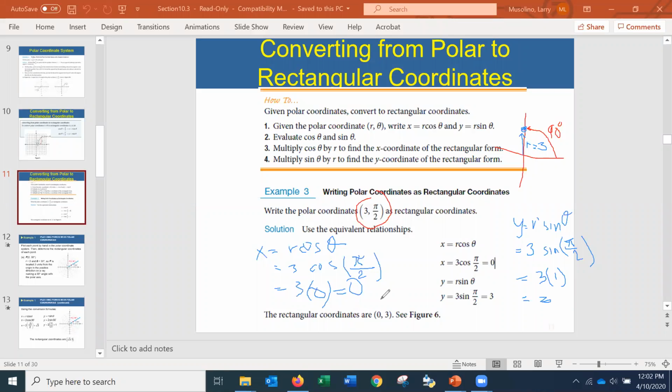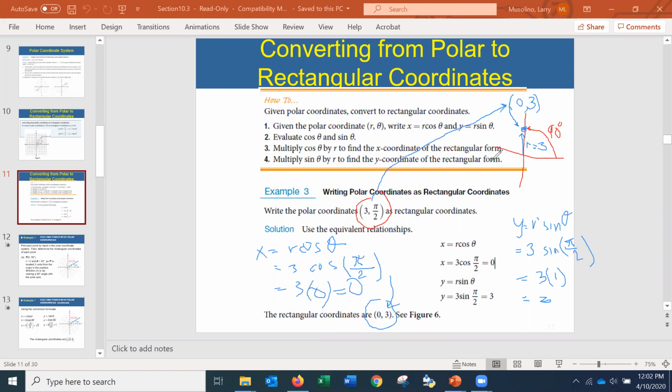So what it's telling me is the xy point here is 0, 3. Which of course makes sense, because the location of this blue dot in rectangular coordinates is 0, 3. So this is kind of an obvious example where converting 3 comma pi over 2 in radians, in polar, gets me the xy point 0, 3.